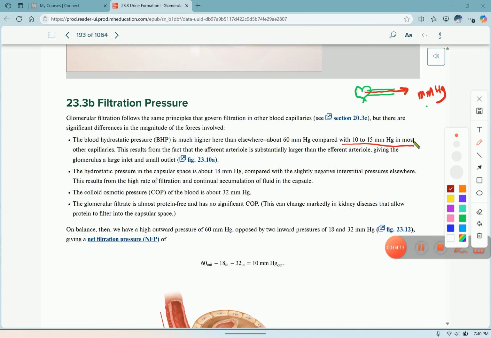Okay, once this happens, then there's some forces to understand here, and one of them is hydrostatic pressure. The colloid osmotic pressure and the glomerular filtration. Okay, colloid osmotic pressure is the pressure created by dissolved proteins in the blood. Okay, so we have a blood vessel.